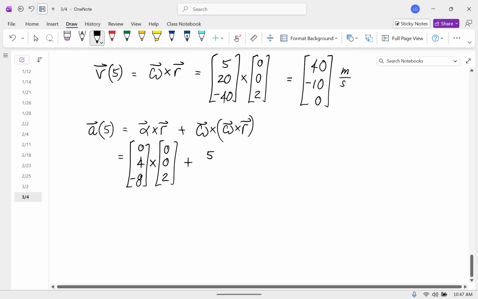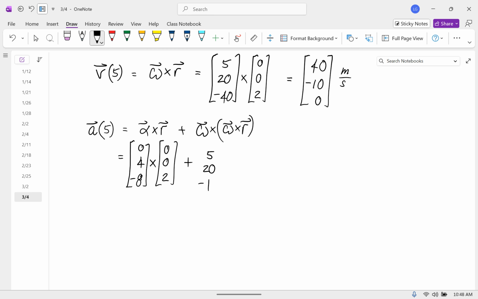Plus 5, 20, negative 40, cross with omega cross r, which we already did, is 40, negative 10, 0. So this one is 8, 0, 0.